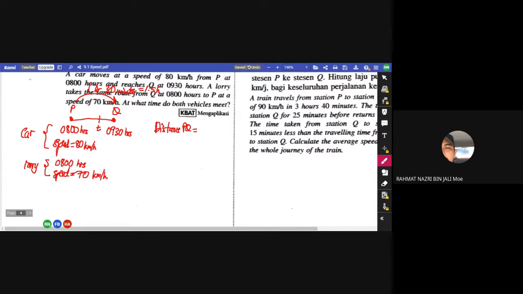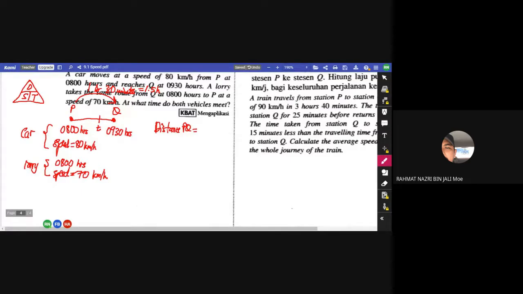So based on the triangle of speed that we discussed already last week, we have S and T below, and then we have D above.